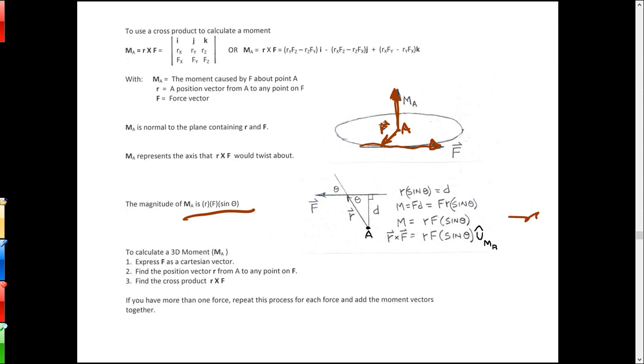So let's look at the RF sine theta stuff in 2D. Here's a sketch that'll show us that. I've got point A, and I've got the position vector R that goes from A to the force.